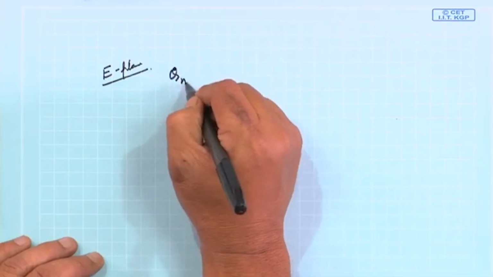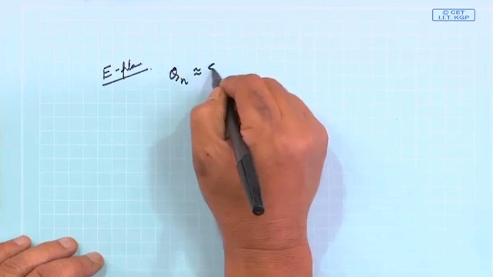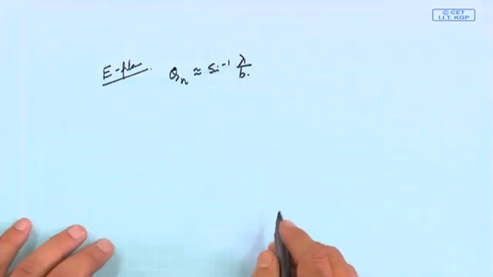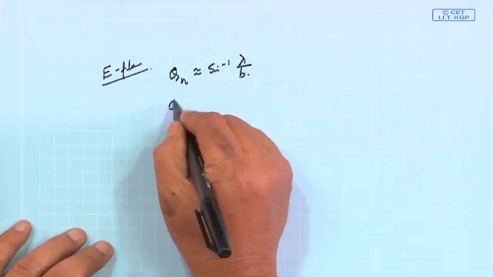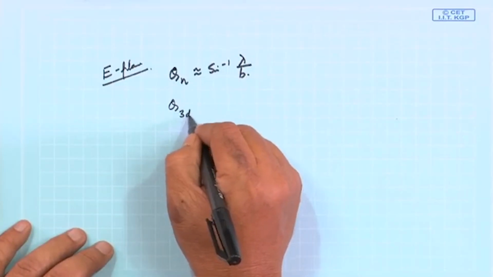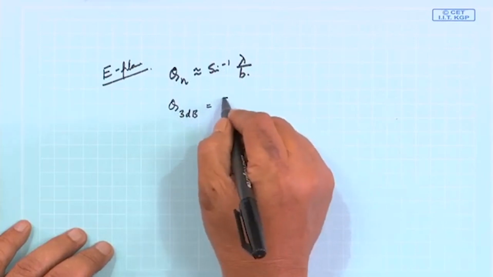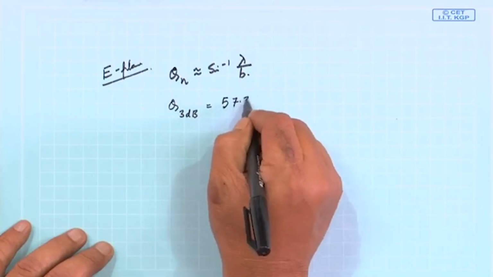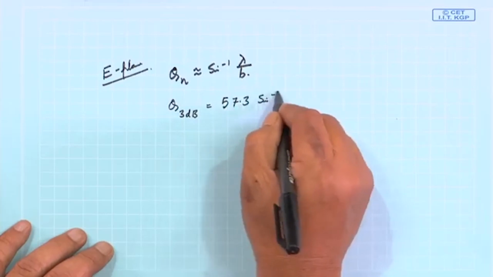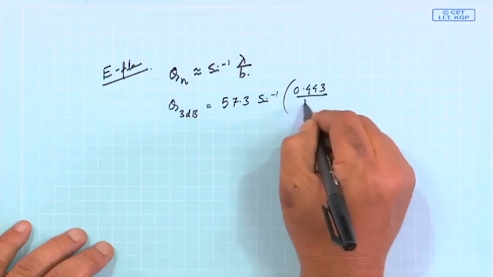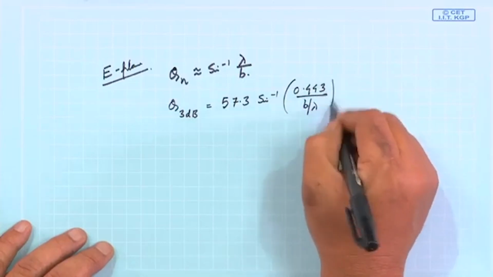So, the null will be at theta equal to sin inverse lambda by b, and you can find the theta 3 dB, that will be 57.3 sin inverse 0.443 by b by lambda, in degrees.